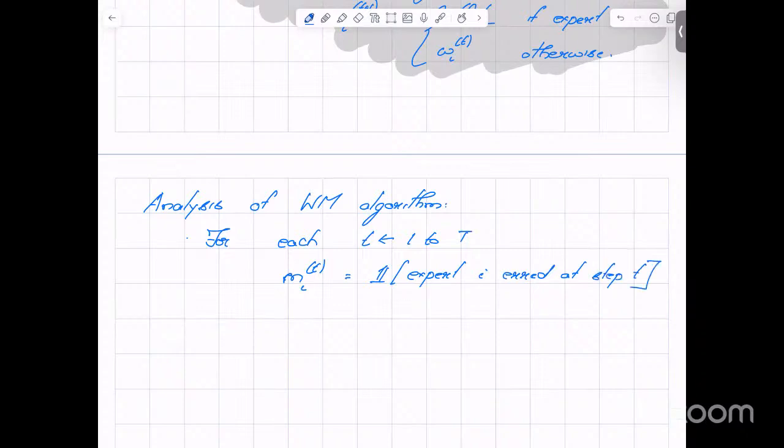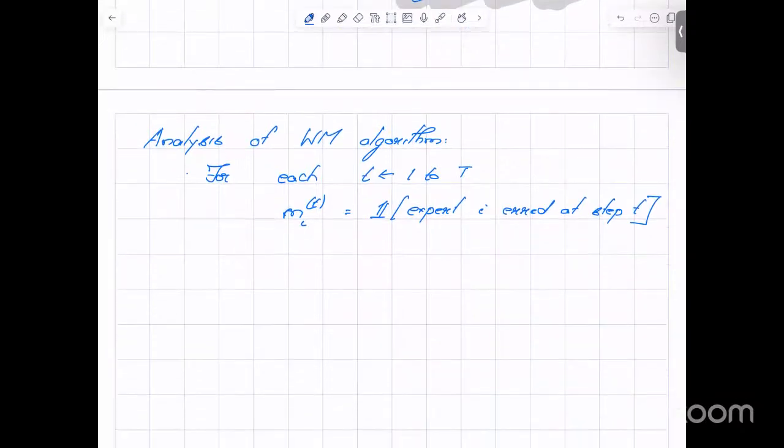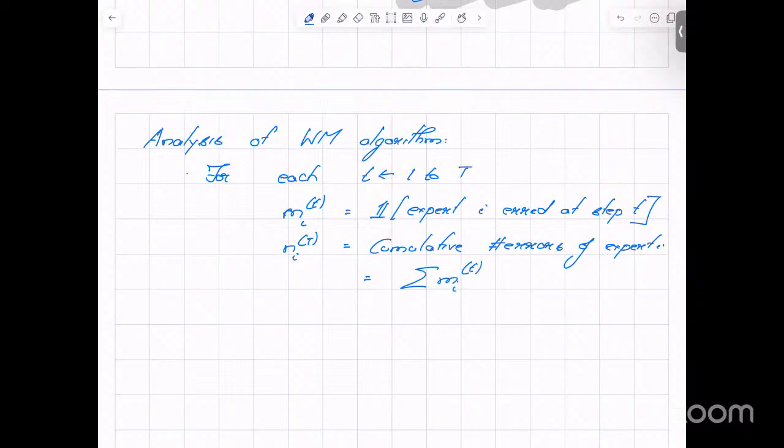That's just an indicator variable, not a random variable. Similarly define n_i^t to be the cumulative number of errors of expert i. That is, the summation of m_i^t, t going from 1 to T. This is for the experts.